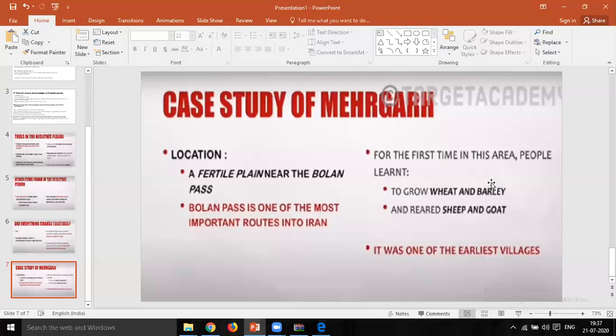Perhaps they were made for special rituals, and these paintings gave an idea of how those people lived.